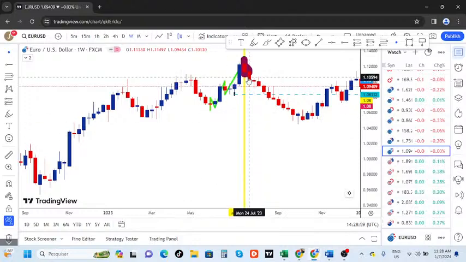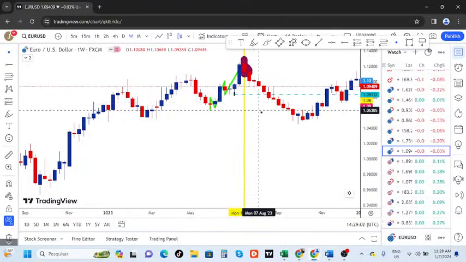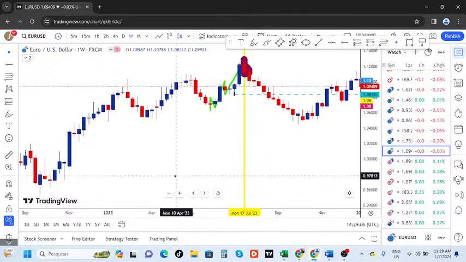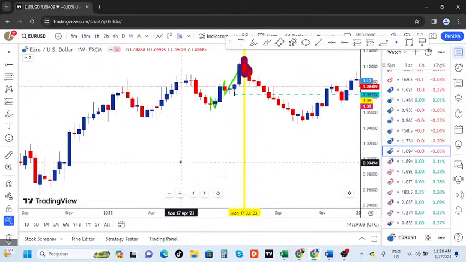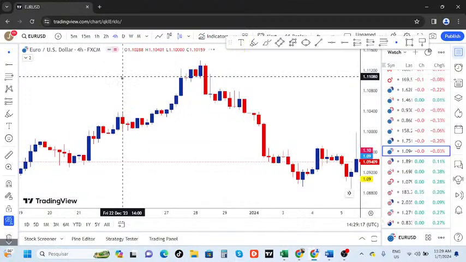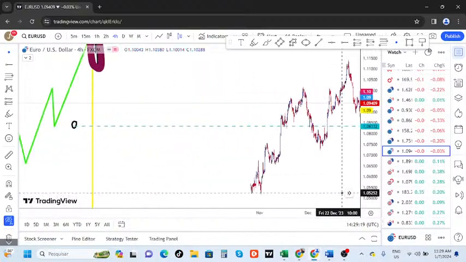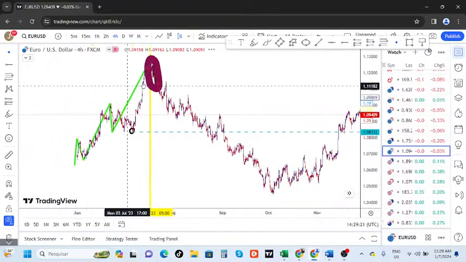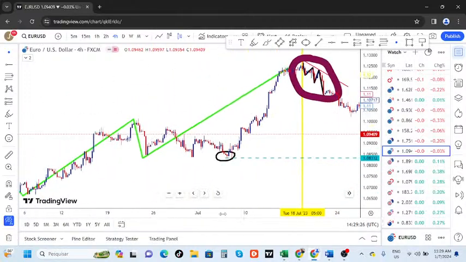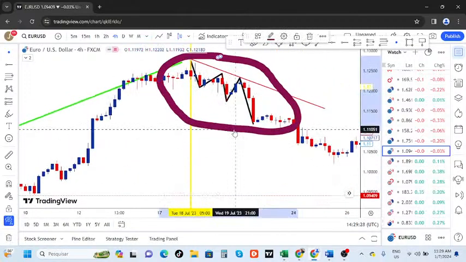So we cannot say we are shorting a short-term downtrend on the 4-hour time frame when the market's short-term trend is up. But if we say we are shorting the bearish candlestick pattern on the weekly right here on the 4-hour time frame, it is absolutely a different story. If you ask me, that is absolutely a different story.